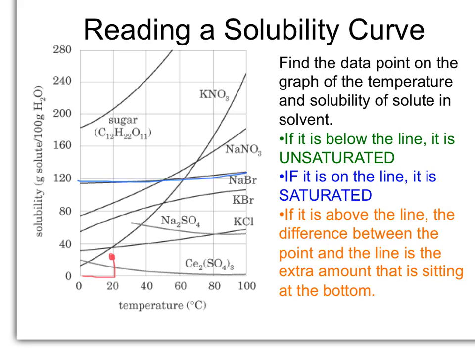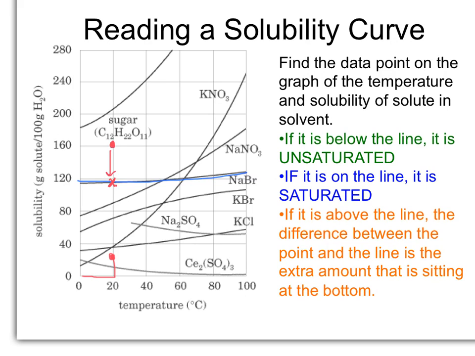And so we would say that it is unsaturated. Now at that same temperature, I'm going to try to dissolve 160 grams of sodium bromide into 100 grams of water. So now my data mark is going to be about right here. And you can see now it is well above the line. So we would say that this would result in a saturated solution, and that there would probably be about 43, 44 grams or so of the sodium bromide sitting at the bottom, because this point right here is the maximum amount that can dissolve at that particular temperature.